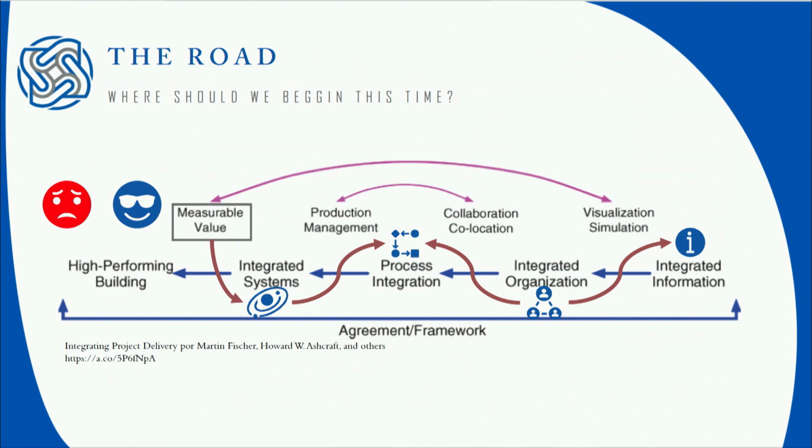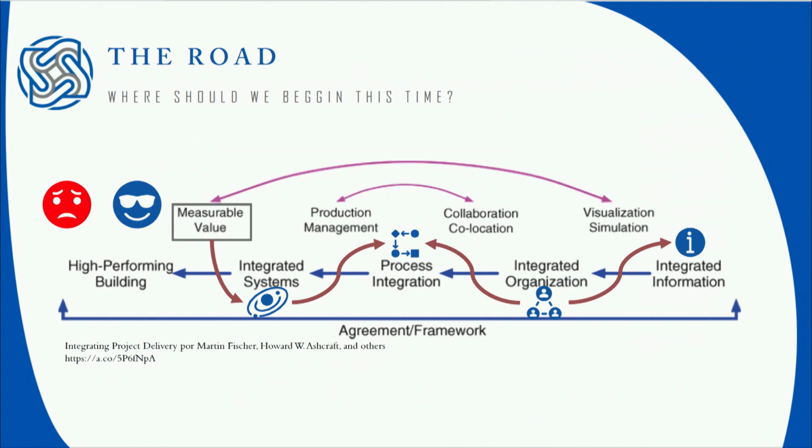So the first part is the measurable value. And only with the measured value are we able to know where to aim with the integrated technical systems.